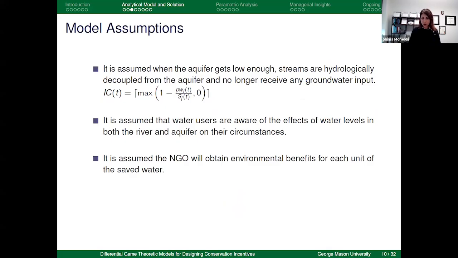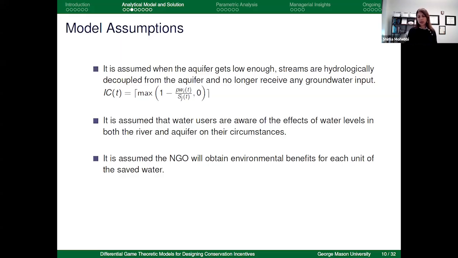Rivers and aquifers are often coupled systems where groundwater contributes to the stream flow, especially during dry periods. It's assumed that when the aquifer gets low enough, streams are hydrologically decoupled from the aquifer and no longer receive any groundwater input.